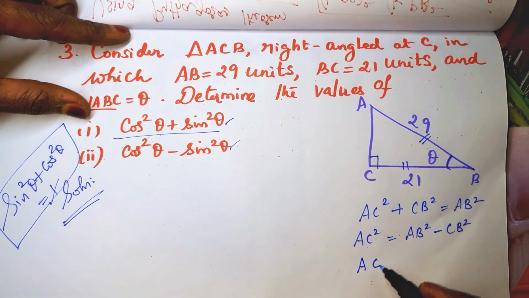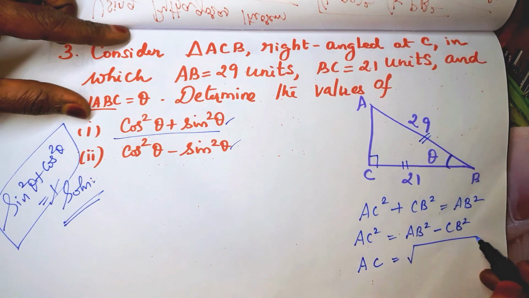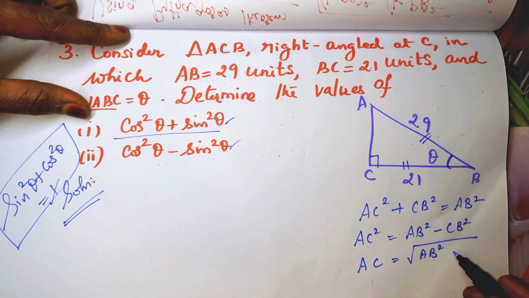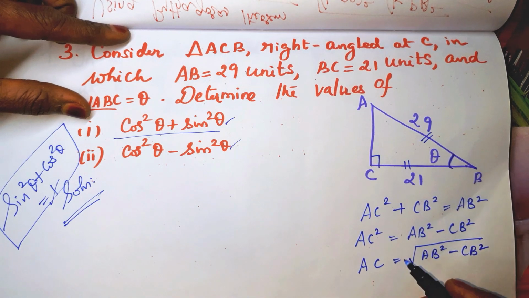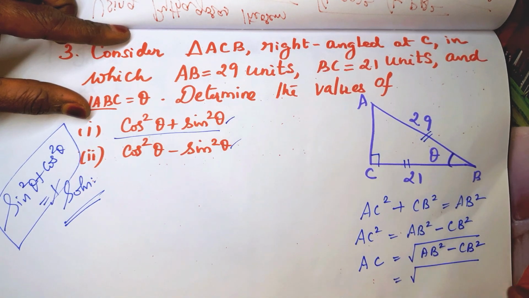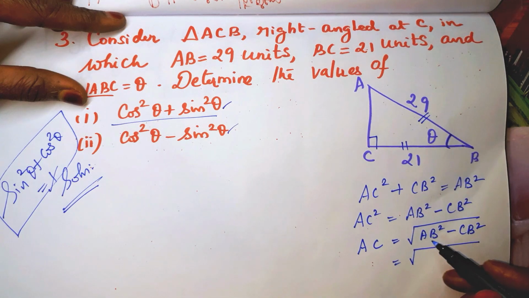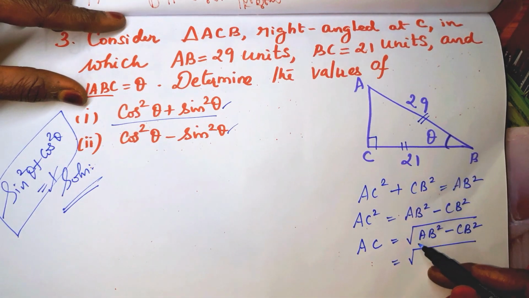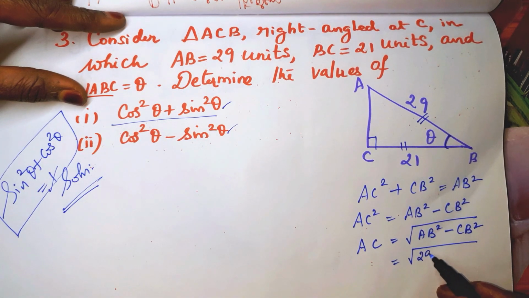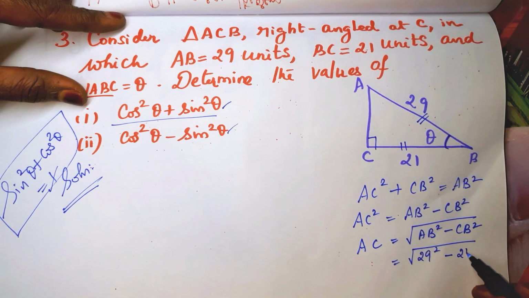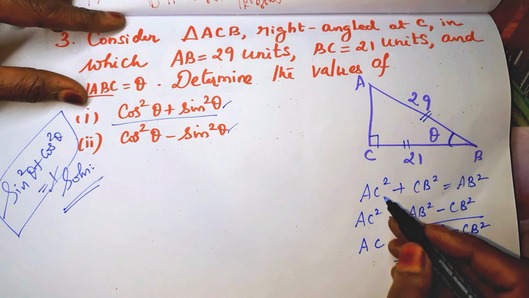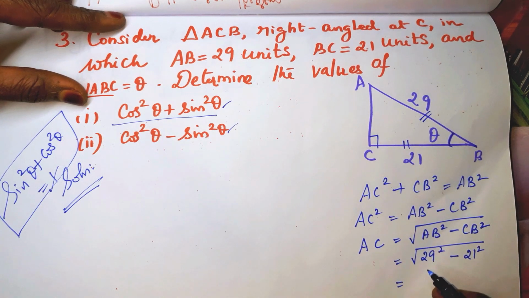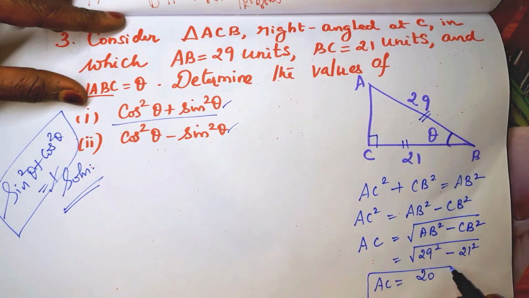If we want to calculate AC, it is root of AB squared minus CB squared, which is equal to root of 29 squared minus 21 squared. On simplifying this, finally AC is equal to 20.